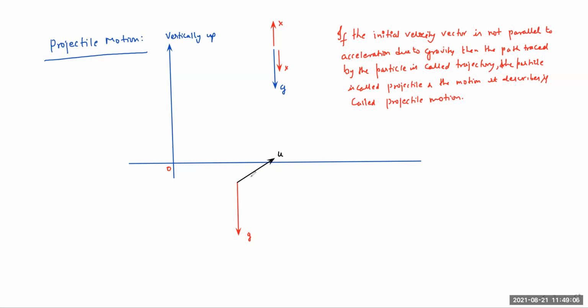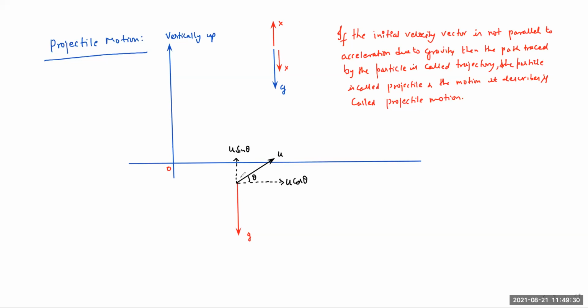Now the rule says that every velocity we can resolve in two directions. One is perpendicular to the gravity. If I call the angle theta, we can say this is u cos theta, and the other we call u sin theta.